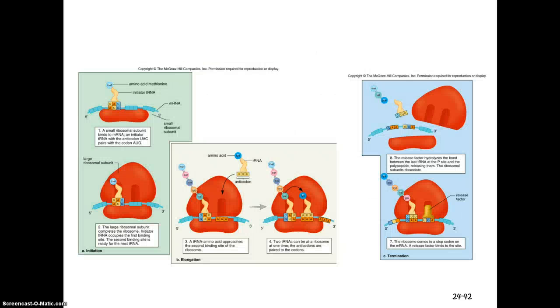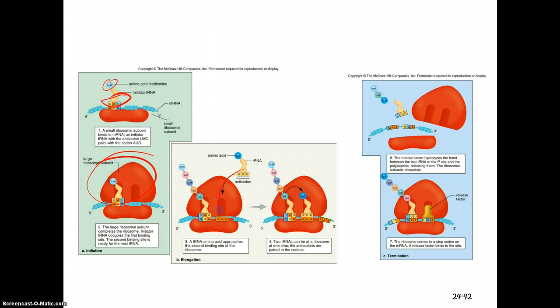Okay, so let's see. We've got a small ribosomal subunit that is going to bind to mRNA, and the tRNA anticodon here is going to bind. We've got our amino acid. Then we've got the large subunit that comes in.